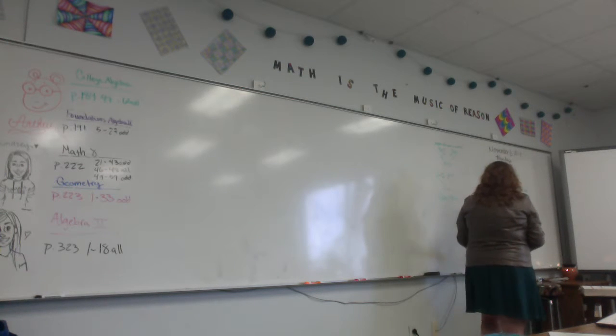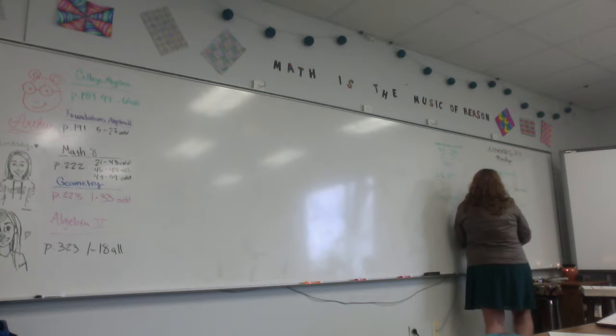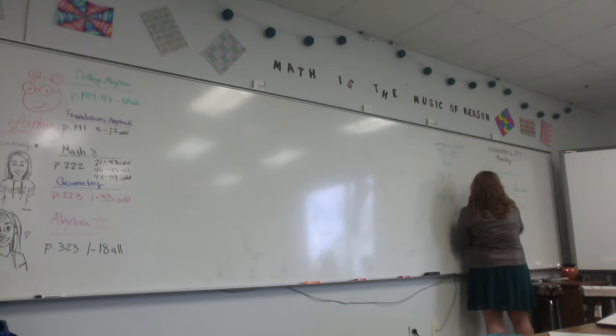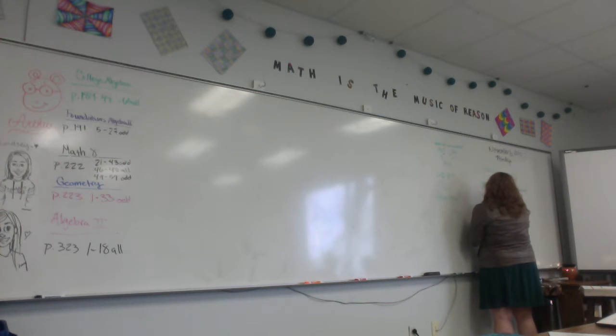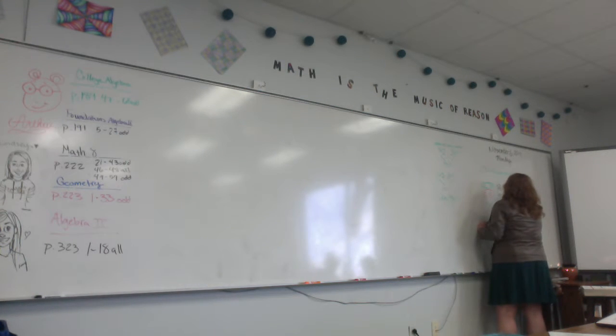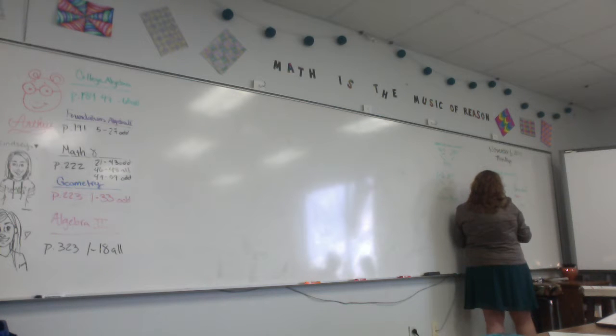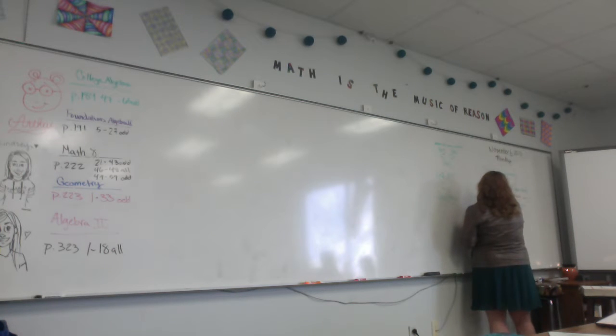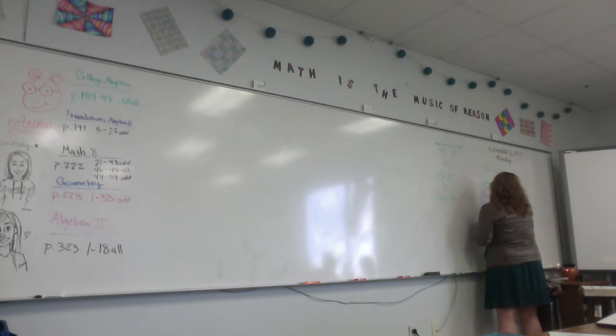Now, to get this spot, you multiply this row by this column. So I have C times E plus D times G. And then to get this spot, you multiply this row by this column.